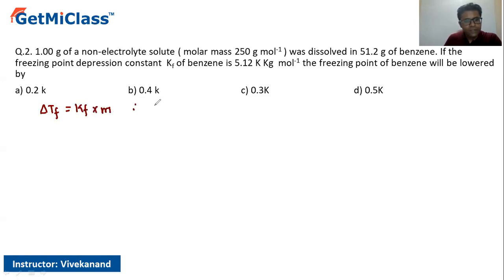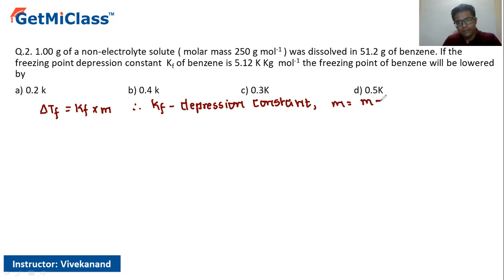Where Kf is the depression constant, while m refers to the molality. Now, of course, delta Tf is going to be the depression in freezing point.